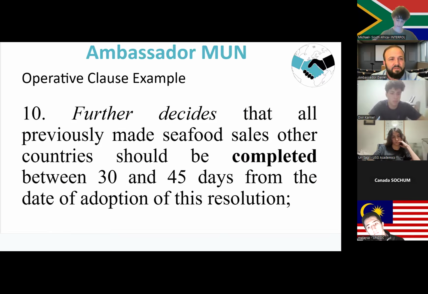Okay, so we see here that this clause can be a separate clause from the other one, though I think there is a case that it could be a subclause if you want it all in one, but it decides that the previously made seafood sales should be completed between 30 to 45 days. And this clause, by the way, so we can say what to not sell, but it isn't when.